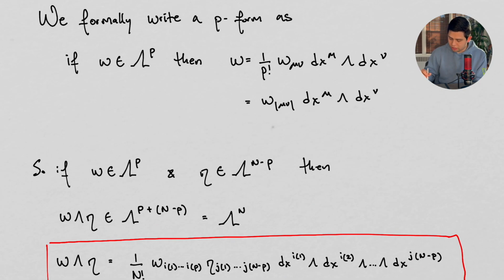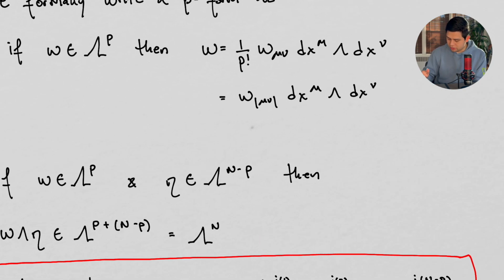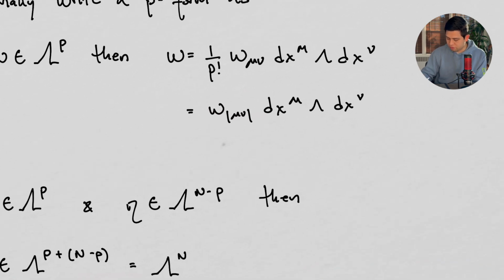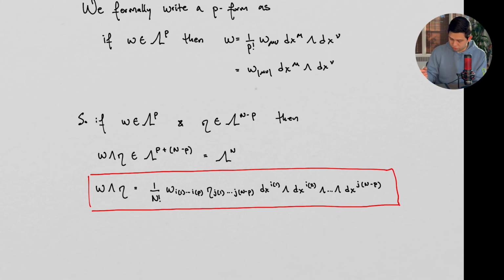Another way of writing that is with these lines, which is what I've done before. The lines mean that mu always has to be less than nu, because if it's not, then again we wouldn't be accounting for the anti-symmetry that I just talked about.